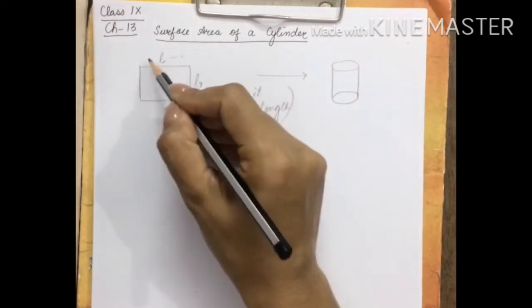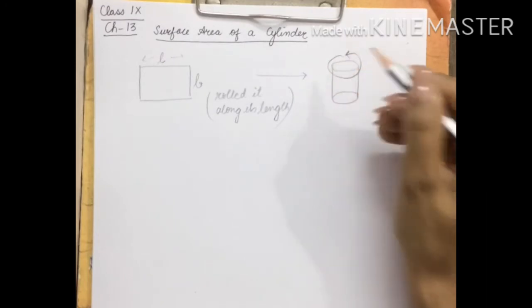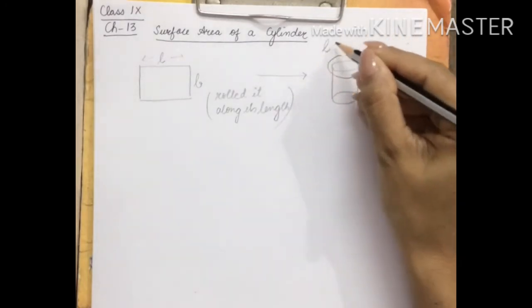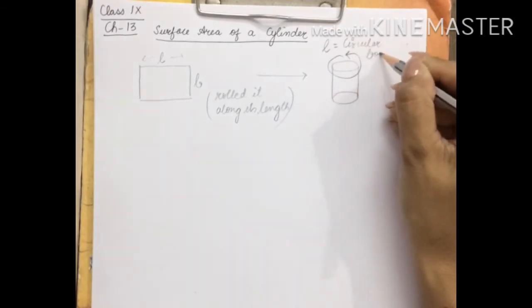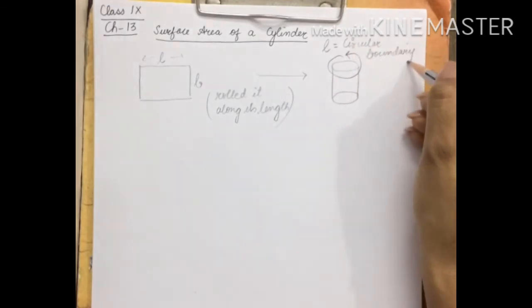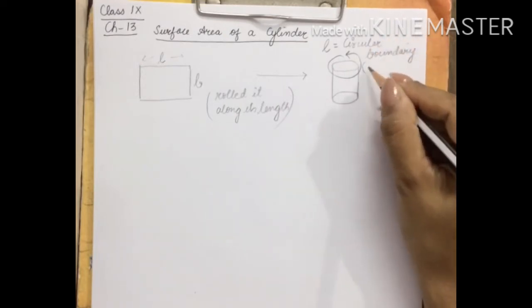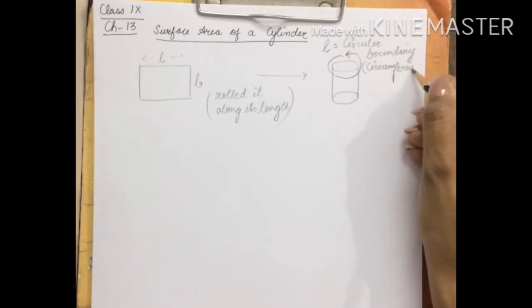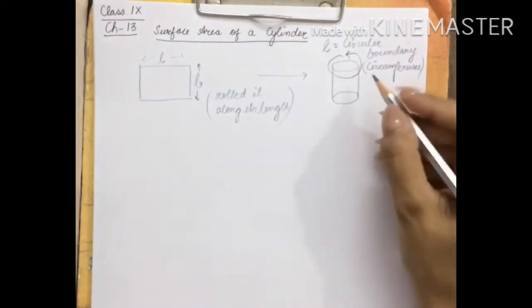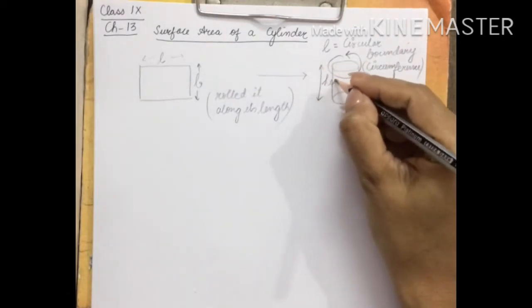So the length gets converted into this circular boundary. So length is the circular boundary. I hope you are aware of the term used for the circular boundary. Circular boundary is known as the circumference. And this shorter dimension, the width, it becomes this height of the cylinder.